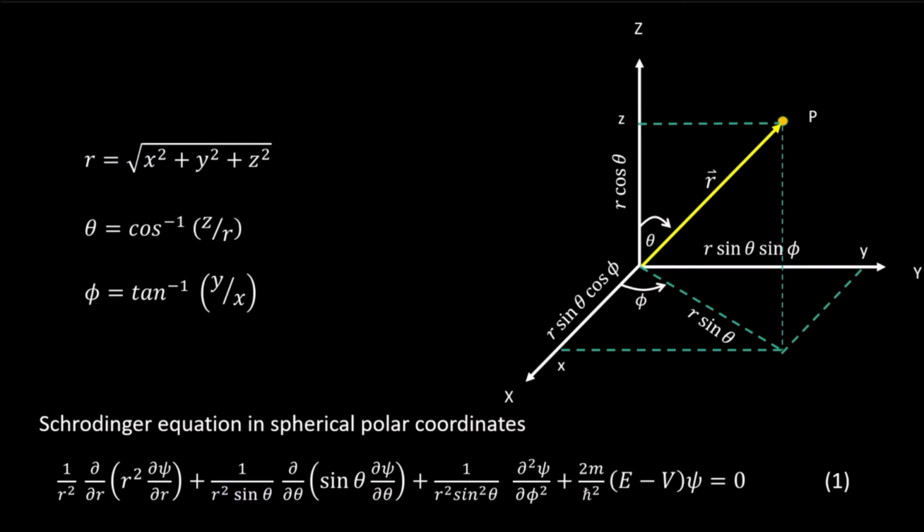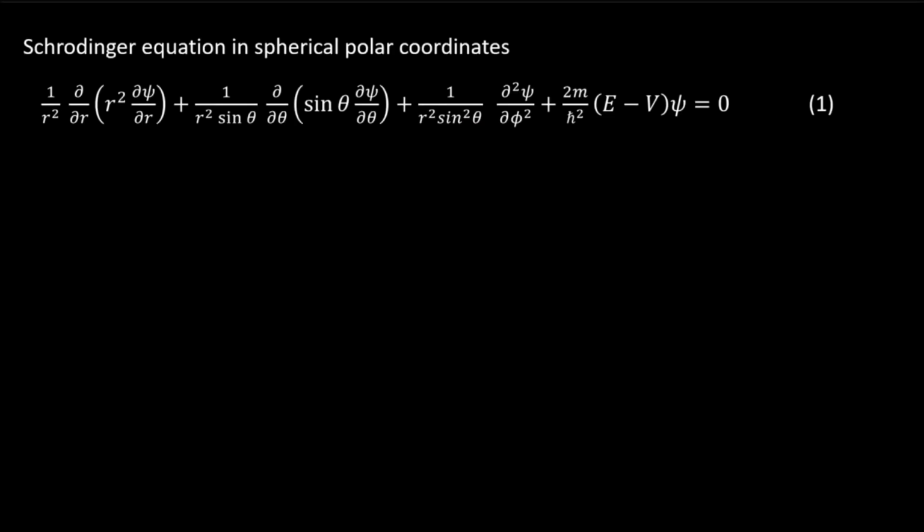Like what we have seen for Cartesian coordinates, here also psi must be normalizable, and psi and its derivative must be continuous and single valued at each point r, theta and phi. The advantage of writing the Schrödinger equation in spherical polar coordinates is that it can be separated into three independent equations, each involving only a single coordinate.